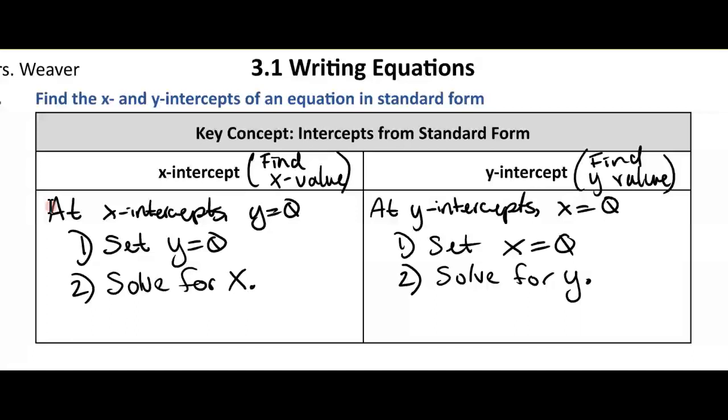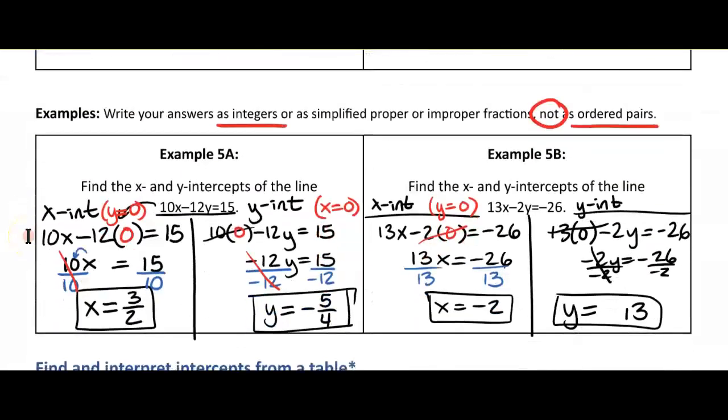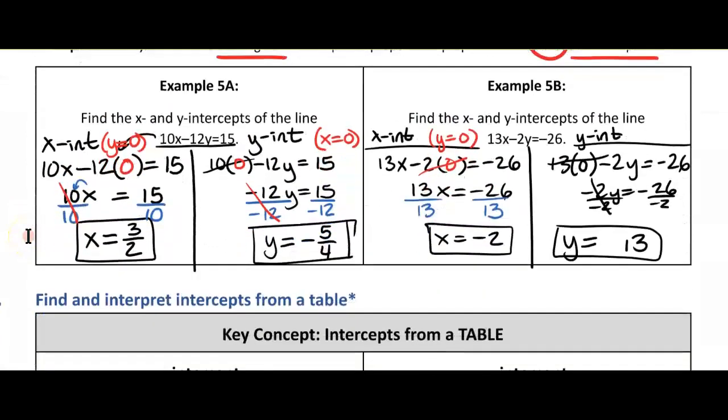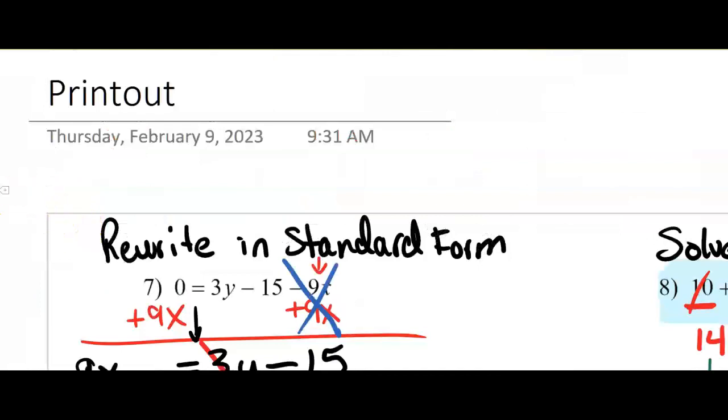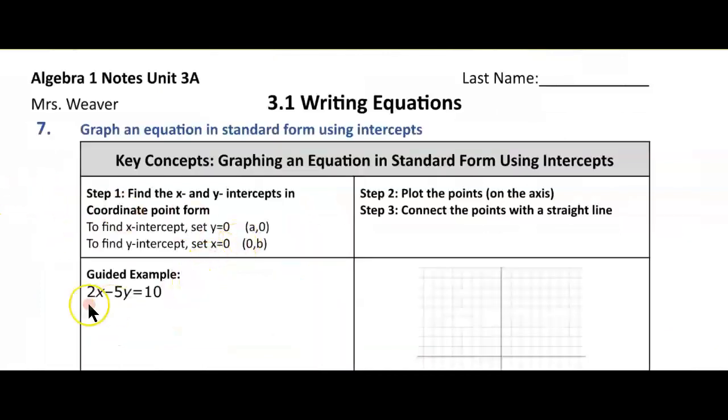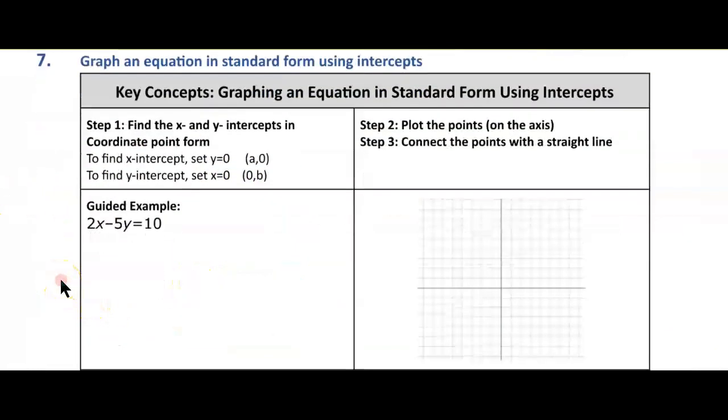If we were given an equation in standard form, we could find an x-intercept because all of our x-intercepts had a y value of 0. And we could find a y-intercept because all of our y-intercepts had an x value of 0. So we're going to use that information to find our x and y intercepts.